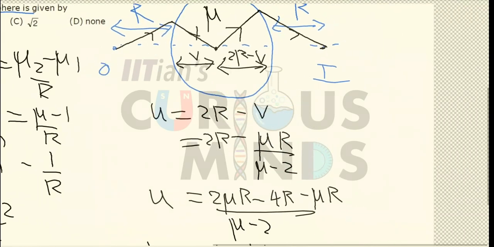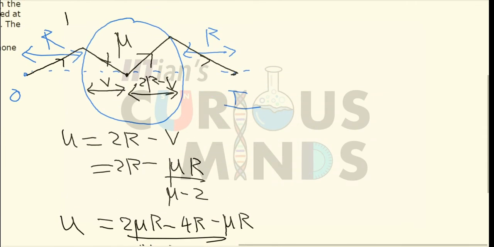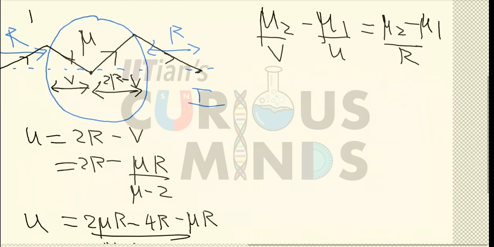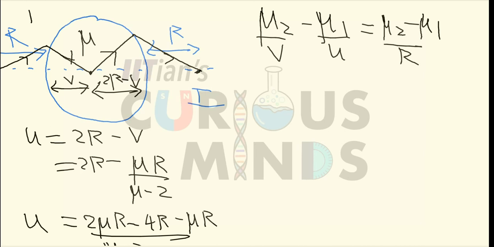Let us again substitute the formula of the refraction at a single surface, and let us find out the value of mu. Mu 2 by v minus mu 1 by u is equal to mu 2 minus mu 1 divided by R. Now let us substitute carefully. The final image is formed in air, so mu 2 over here will be equal to 1.